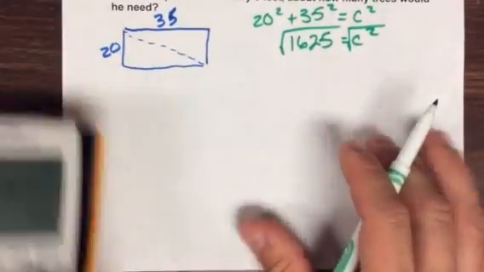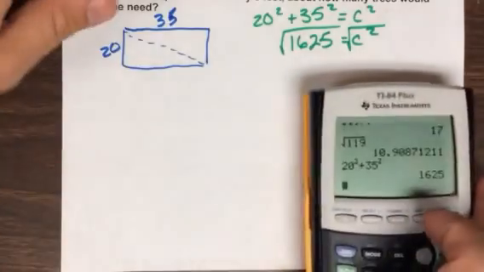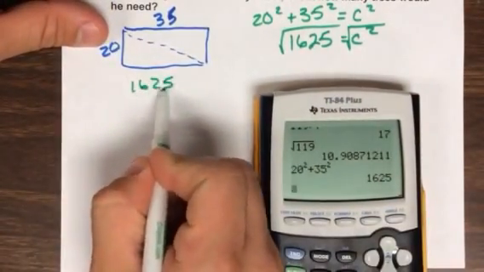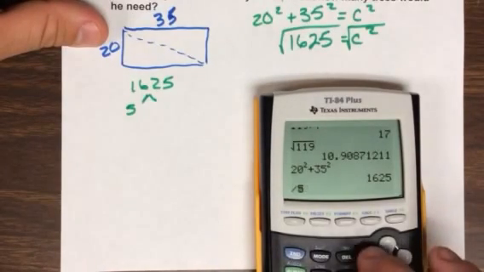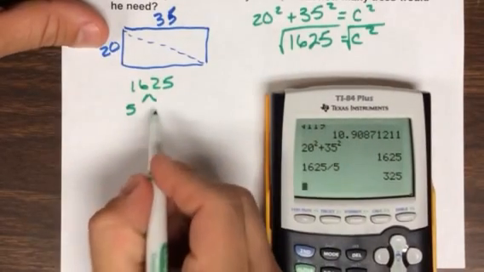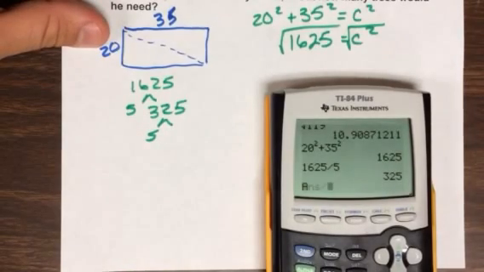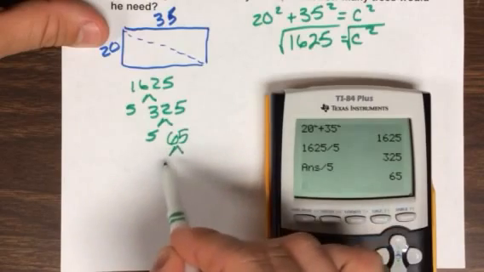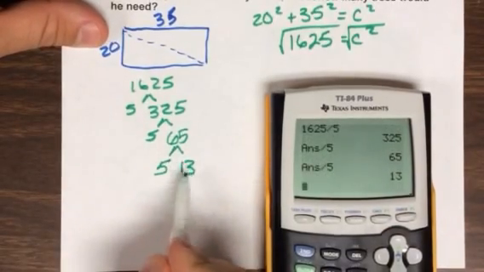I know it can be broken up because if I divide by 5, I've got at least one number that comes out. So I'm going to divide 1625 by 5, and I find 325, which means I can divide by 5 again, which gives me 65, which means I can divide by 5 again. It gives me 13.